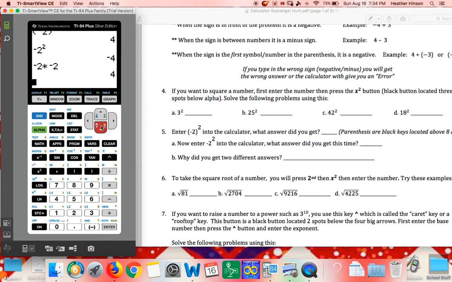In that case, it leaves your negative out front, and then it just squares the 2, and it does 2 times 2. That's why it's getting -4. So if you ever see parentheses in your problem, you have to make sure you put them in the calculator.